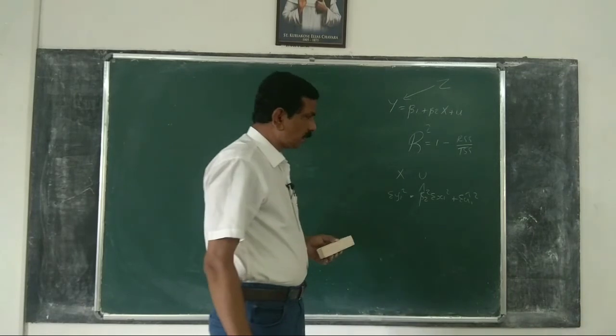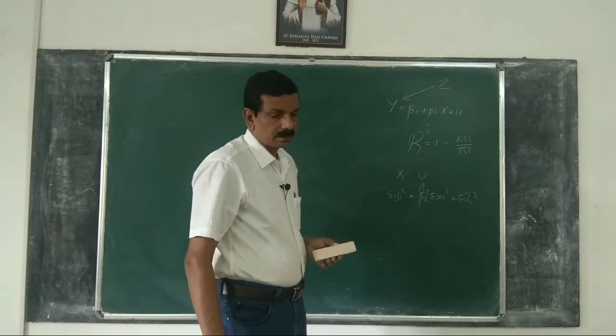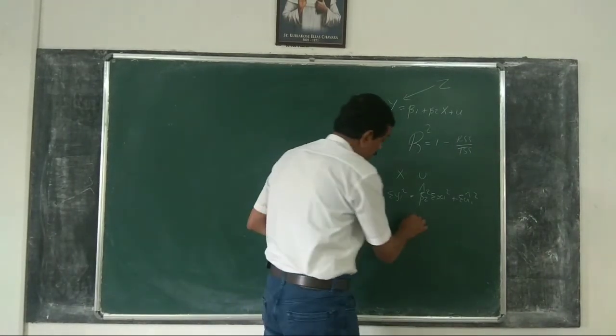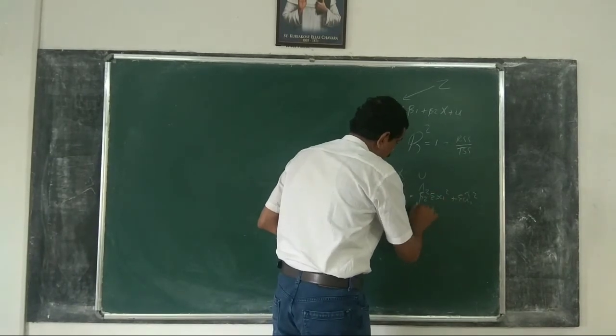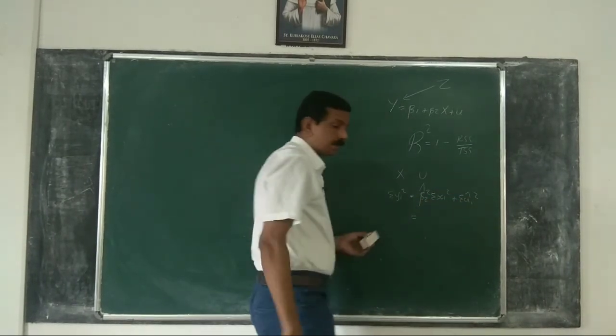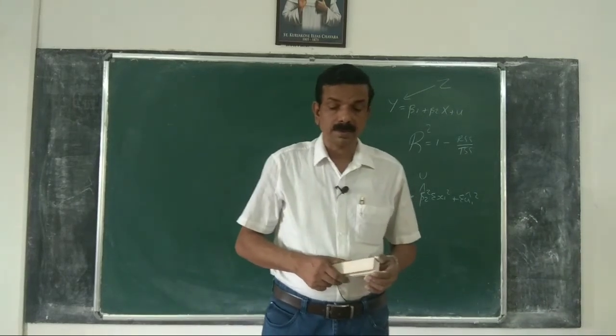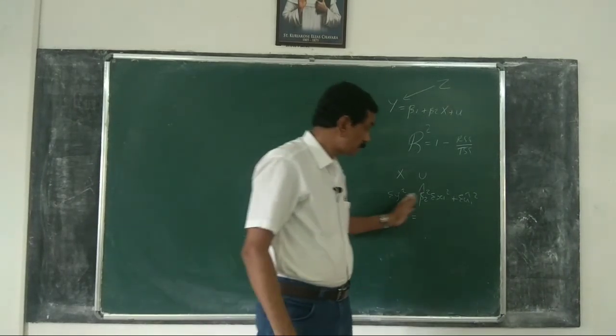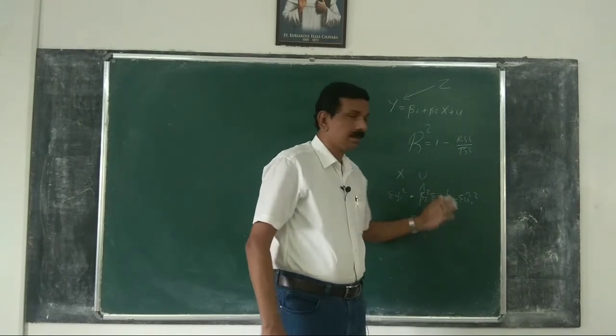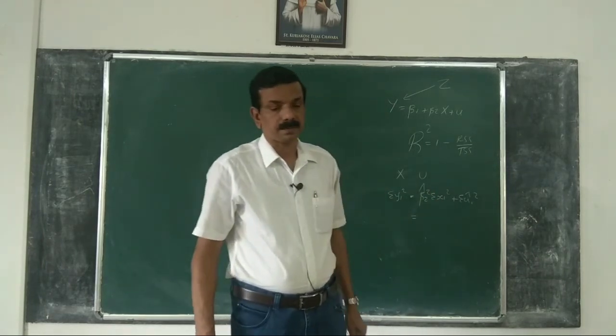So when X and U are correlated, we cannot decompose it this way. This is not possible. So R square has no natural interpretation in the IV procedure.